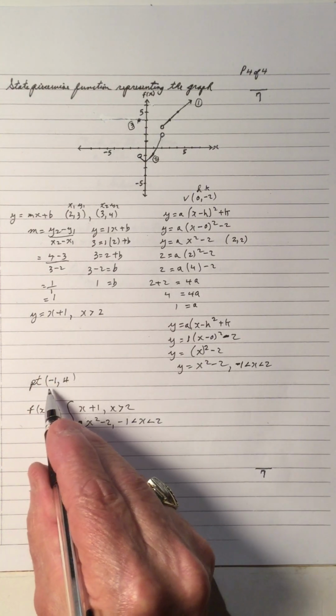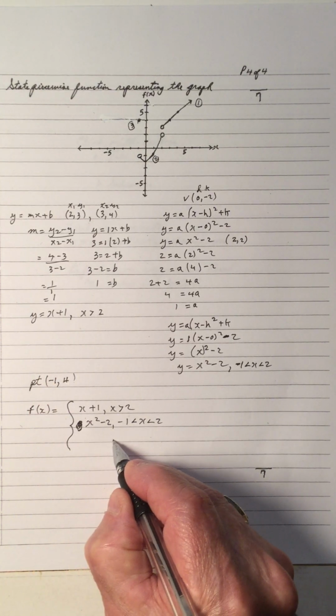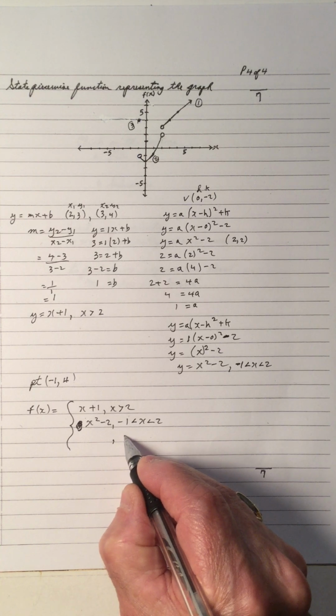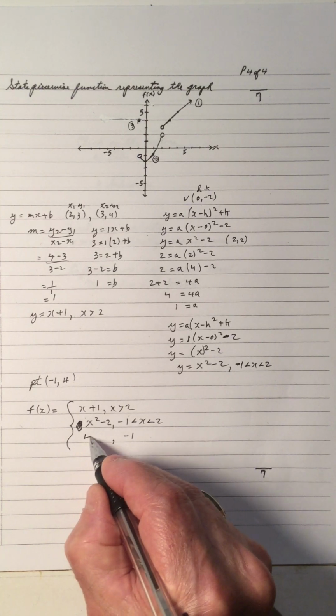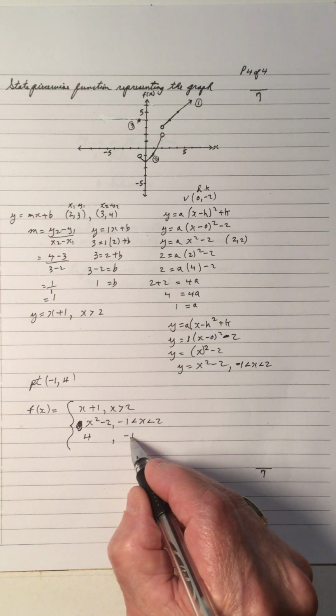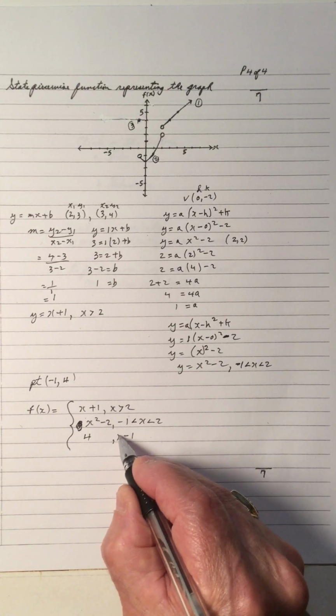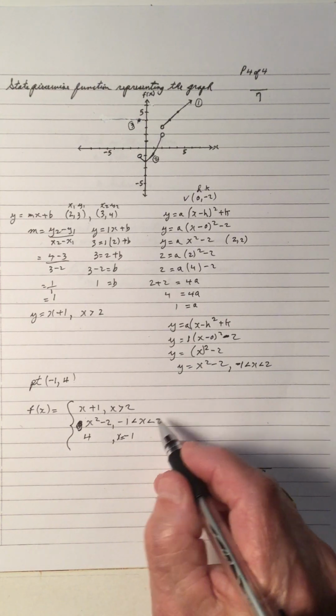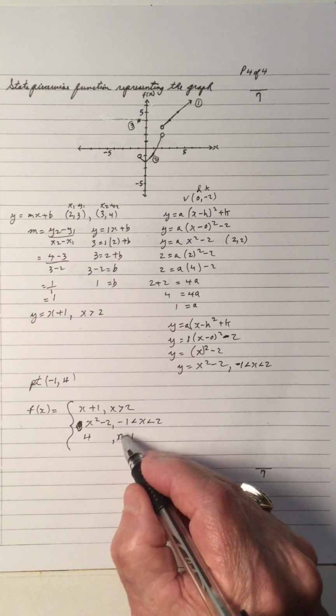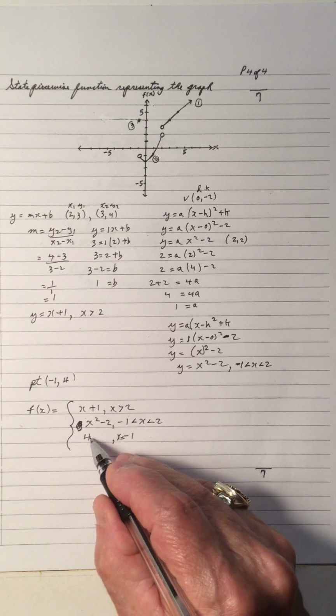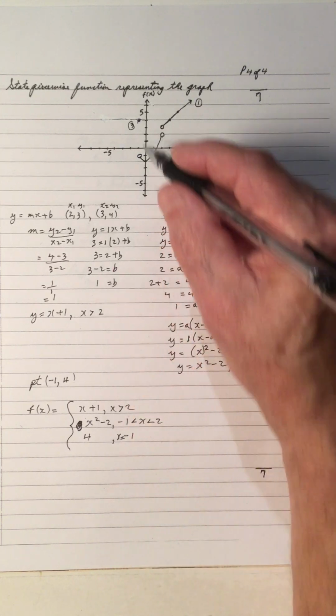And this one, the x coordinate is negative 1. I can say x equals negative 1. If x equals negative 1, y is 4, that's the dot.